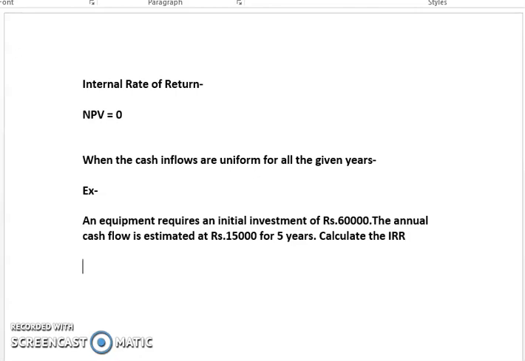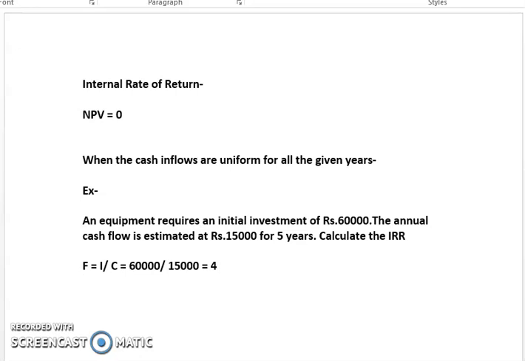Very simple. We have to find out the factor. The factor is equal to the investment divided by the cash flow. In this case, the investment is 60,000, divided by the 15,000 cash flow every year. So 60,000 divided by 15,000, we get 4.